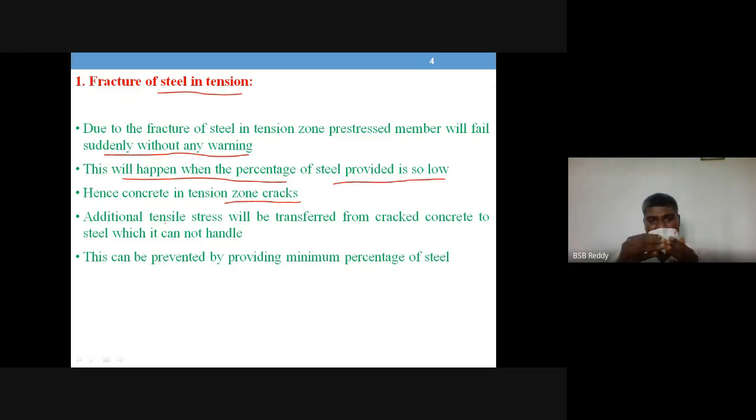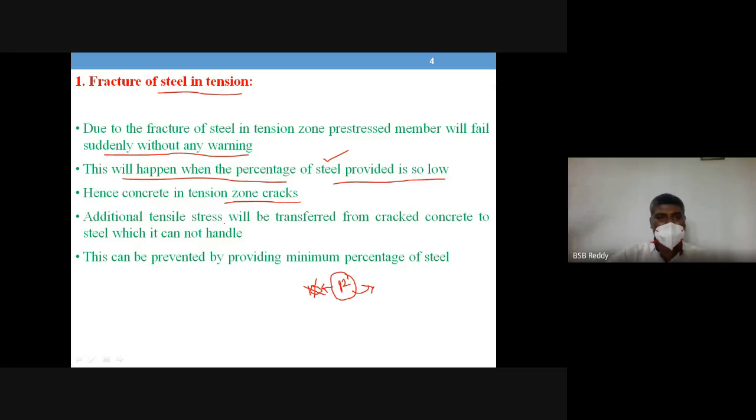Say, for example, you have induced 10 megapascal compressive stress, and 12 megapascals of tensile stress comes from the loads. It can bear up to 10, so beyond 10 it cannot bear. The concrete gets cracked, and this 12 megapascal has to be taken by the steel you provided at the bottom. This is what is unexpected.